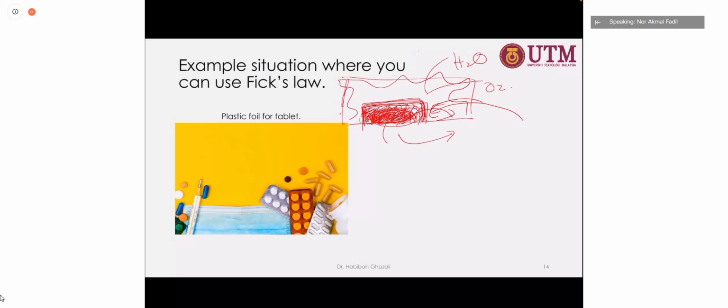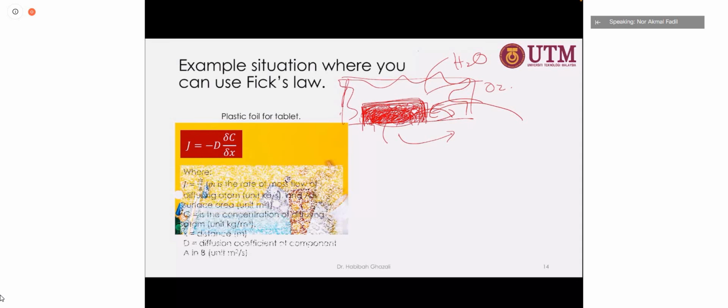Let's say the medicine produces some gases around it, how much of the concentration will pass through the plastic, so we can determine it by using this equation, where the diffusion coefficient is a constant based on the material of this plastic packaging.